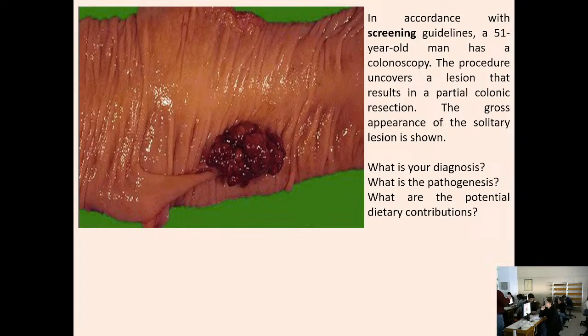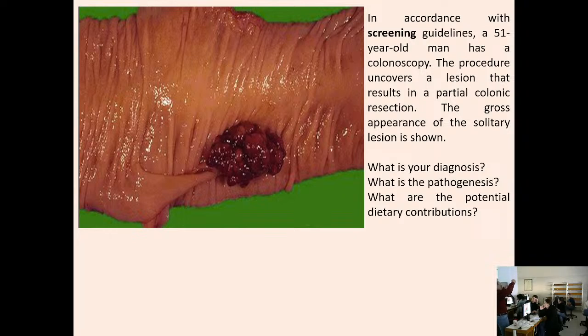In the large bowel, the lamina propria of the large bowel mucosa does not have so many lymph vessels. So the possibility that an intramucosal carcinoma, what is an intramucosal carcinoma? It's a carcinoma that has broken the basement membrane, thus it's no longer intraepithelial, because what happens above the basement membrane is an intraepithelial neoplasia, a dysplasia.